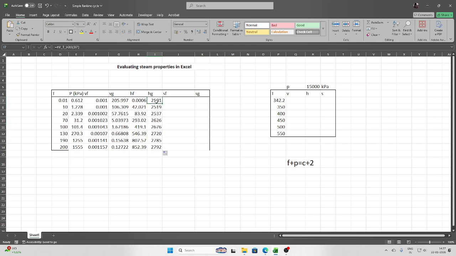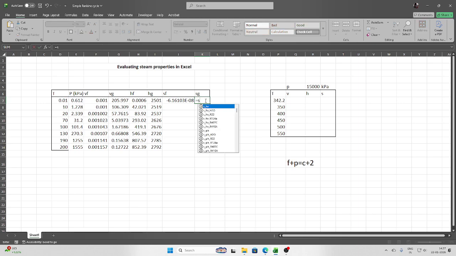This is what we do with respect to vapor. Okay, and entropy: specific entropy of saturated liquid with respect to temperature for water. So this is the one. So these functions you can use.